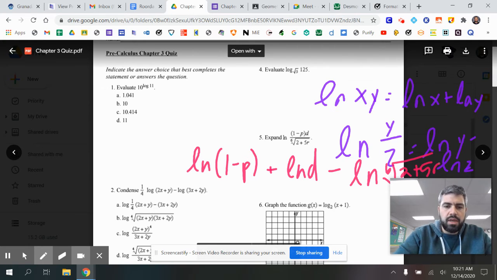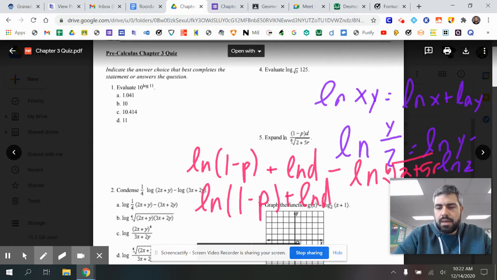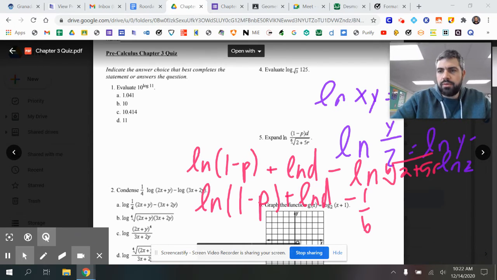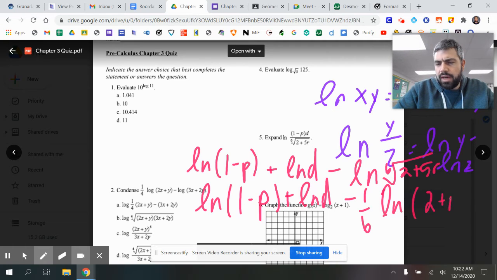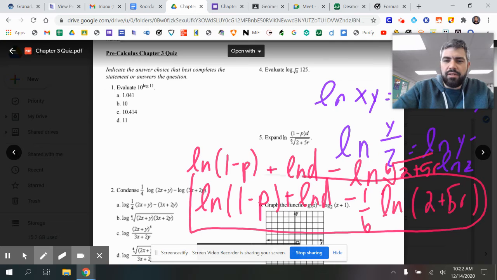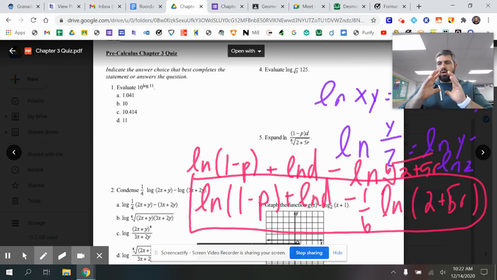That's one of our rules. So our final answer is ln of 1 minus p plus ln of d minus 1/6 ln of 2 plus 5r. And we wouldn't have to change that 2 plus 5r any further. So that's our expanded version. Okay, so it went from something small and compact to something much bigger.